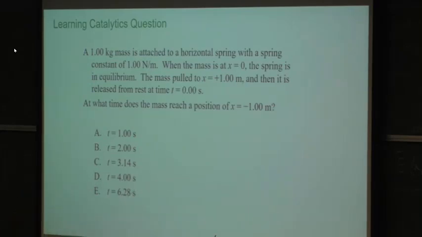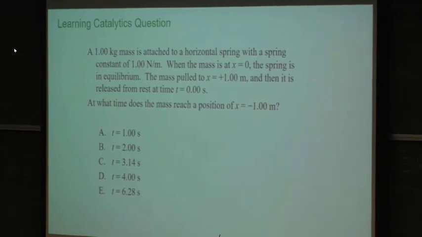How many seconds will it take to get all the way back through equilibrium to the minus 1 meter on the other side? This takes a little bit of calculation, but it's not too bad, so I'll give you a minute. And then I'll show you why I've done this as well, because I was playing around with Excel. Anyway.